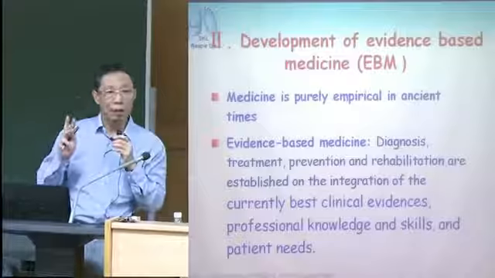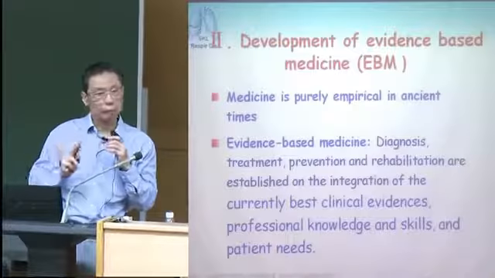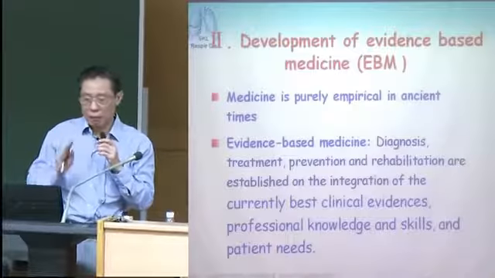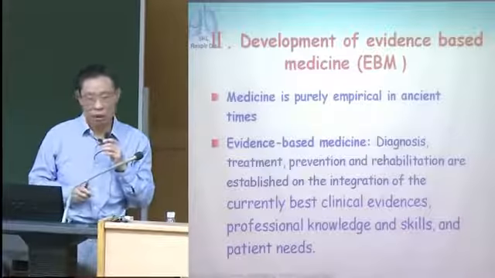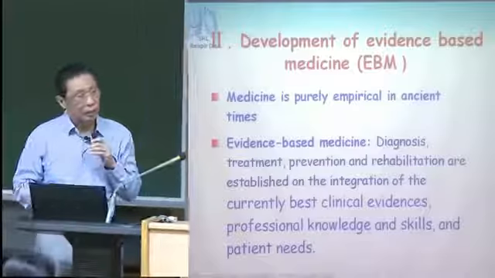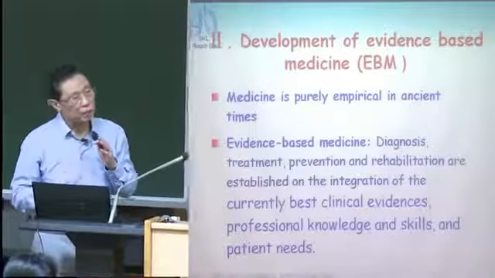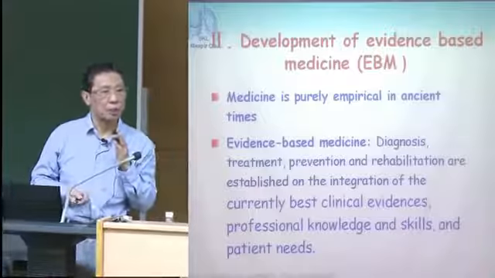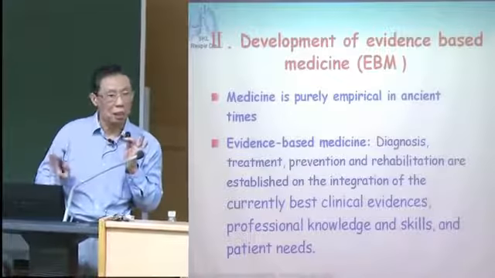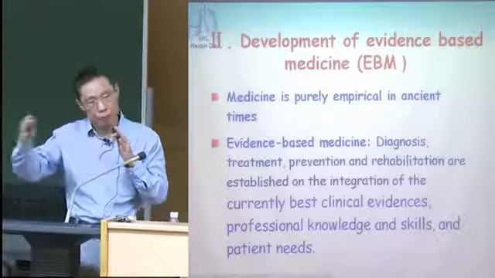The second part is that we have to develop evidence-based medicine, 循证医学. That's extremely important. Medicine in ancient times was basically purely empirical, 经验医学. In particular, nowadays in 中医 there is still a lot of empirical medicine.